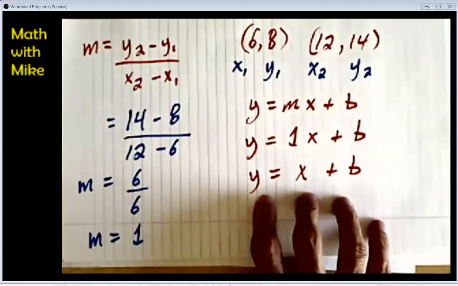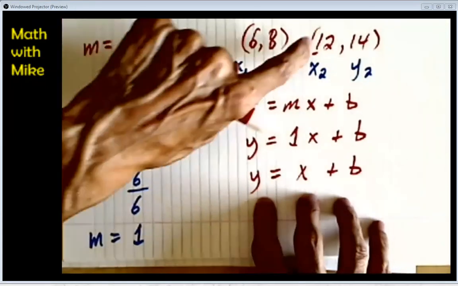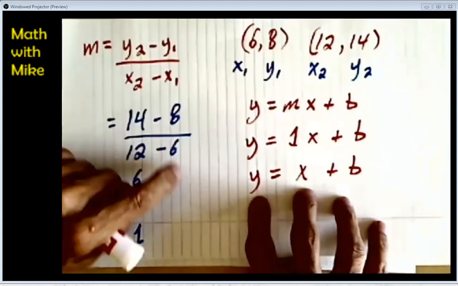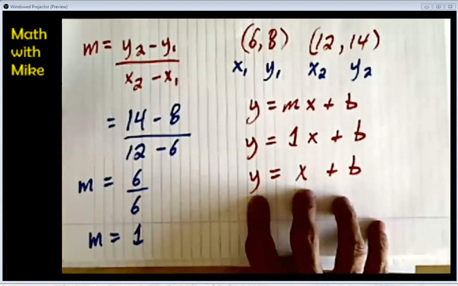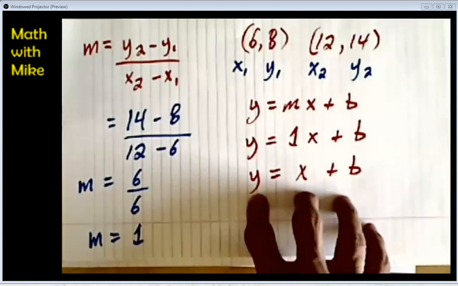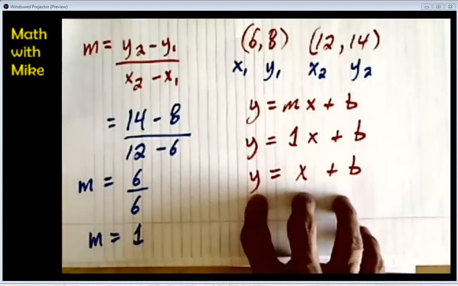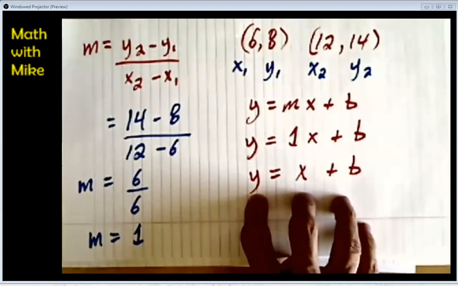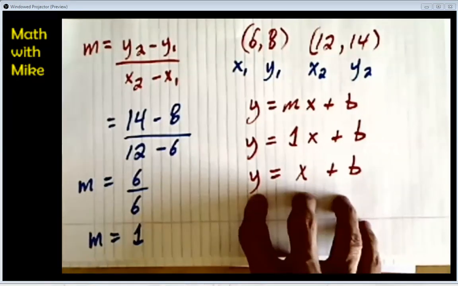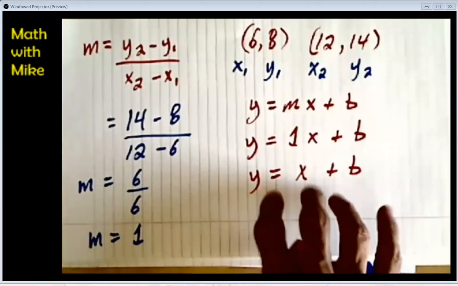The question is, which point do you use for x and then which one for y, right? It doesn't matter. They both will give you the same answer. Choose either one. Choose the nice one, I think. No negatives, small numbers, right? But yeah, you can choose either one. So which one would you like?